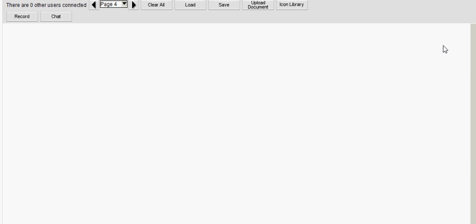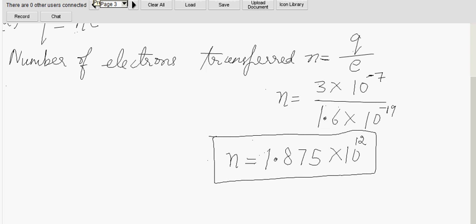Because electrons have some mass, there is a mass transfer. So you can calculate what is the total mass of electrons which have transferred from wool to polythene.